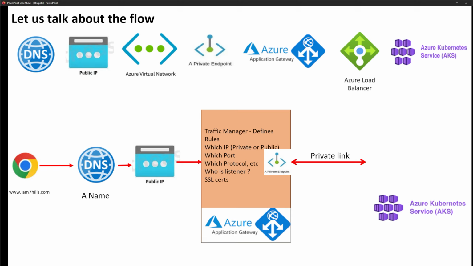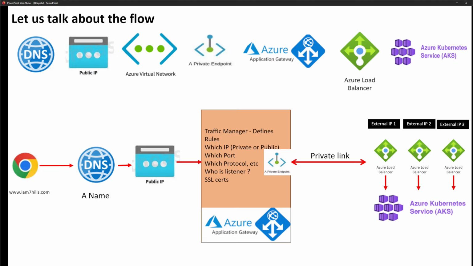As you know, Azure Load Balancer is too expensive. You cannot have an Azure Load Balancer for each application hosted under the AKS. Instead, you can have the internal load balancer, which you can create as part of your service deployment by simply having the annotation internal in your YAML file. When you run that service, it will create the external IP for each application.